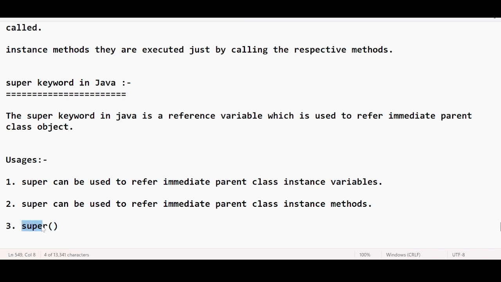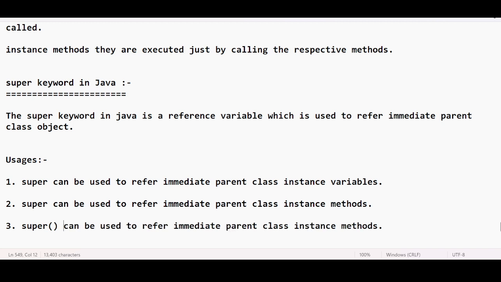This keyword along with the brackets is meant to be used in a Java constructor. It is applicable only for the constructor. Without brackets, it can be applicable for instance methods and also for instance variables. So, the super keyword can be used to refer to the immediate parent class constructor. That's it.